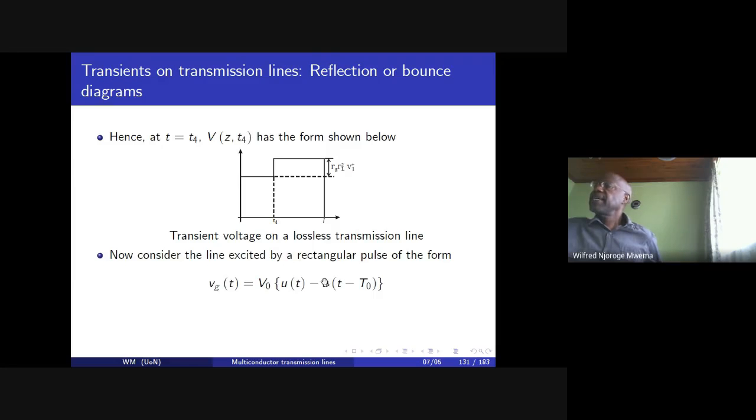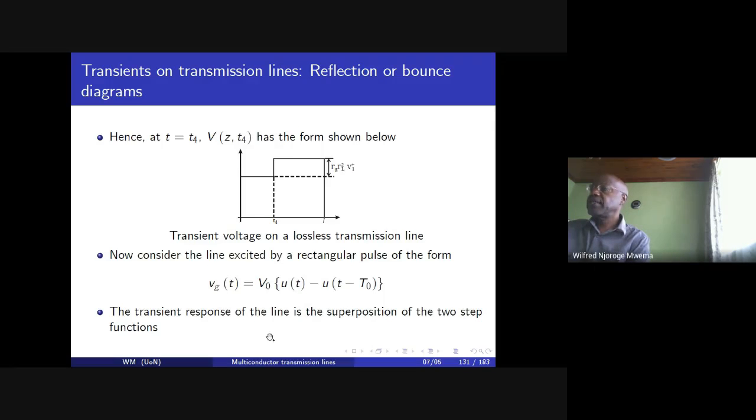Now, if the line is excited by a rectangular pulse of the form Vg of t equal to V naught times u of t minus u of t minus t naught, where u is the unit step function, such a wave would be like, say, an interrupt signal. For example, your microcontroller sends an interrupt signal towards the load that you are driving, and how will it behave on the line connecting the load to the microcontroller?